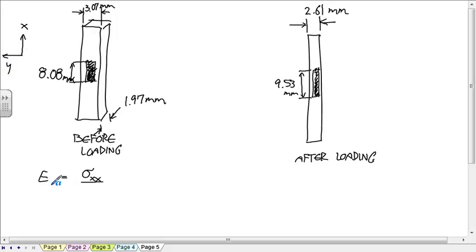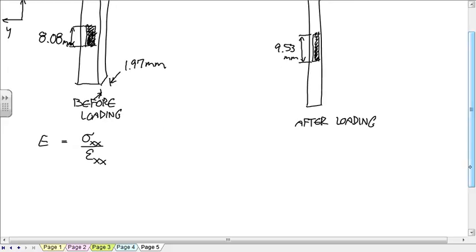So it has to be equal to the axial stress divided by the axial strain. The axial stress is the force, 1.55 newtons, divided by the cross-sectional area.